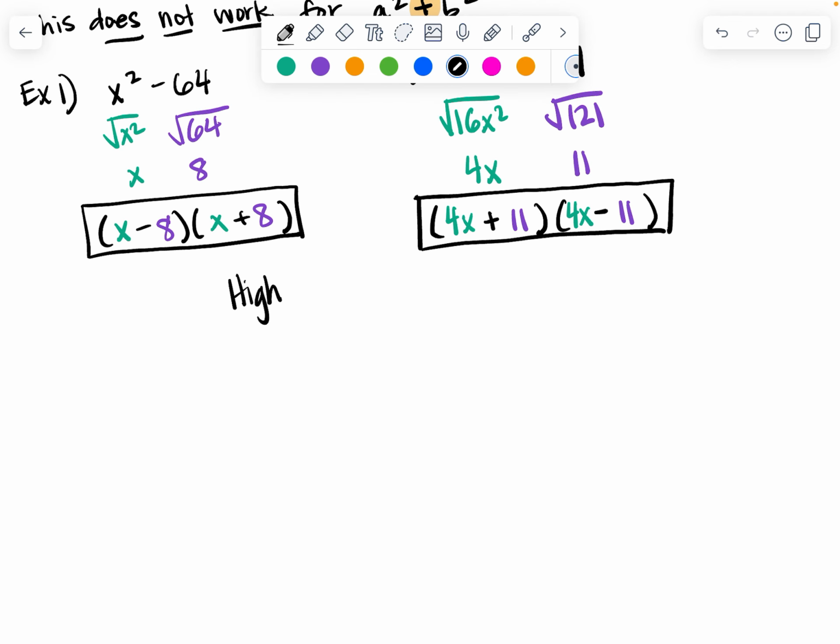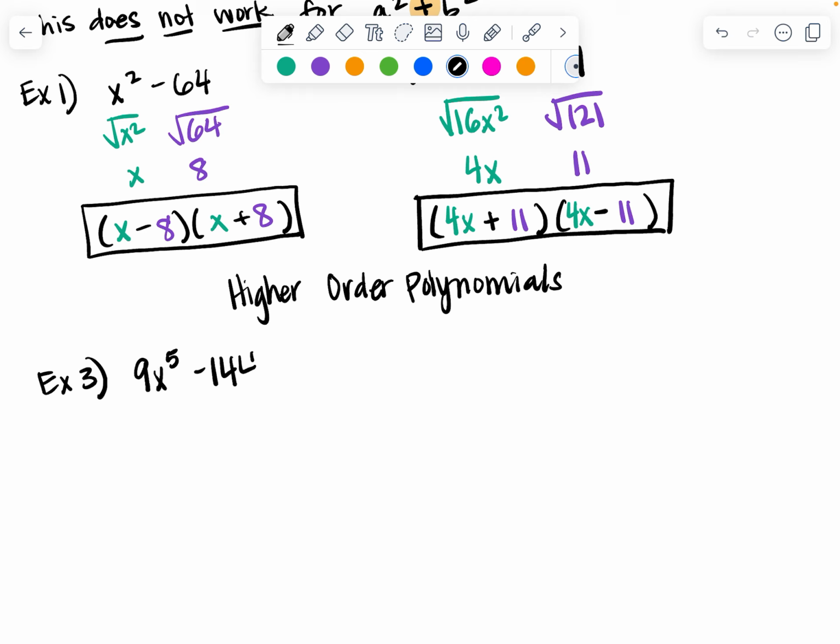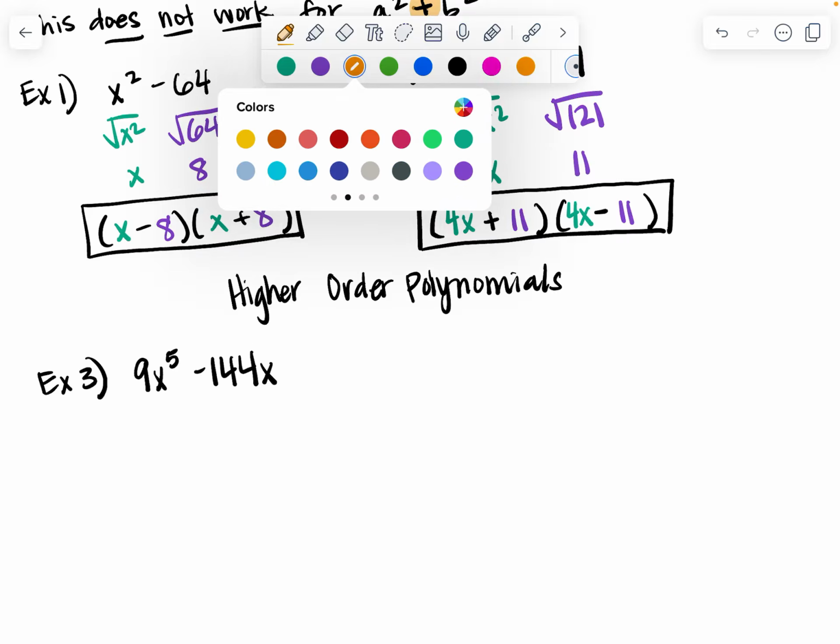Let's go to factoring higher order polynomials. So remember, when you're factoring, you always want to look for a greatest common factor first.